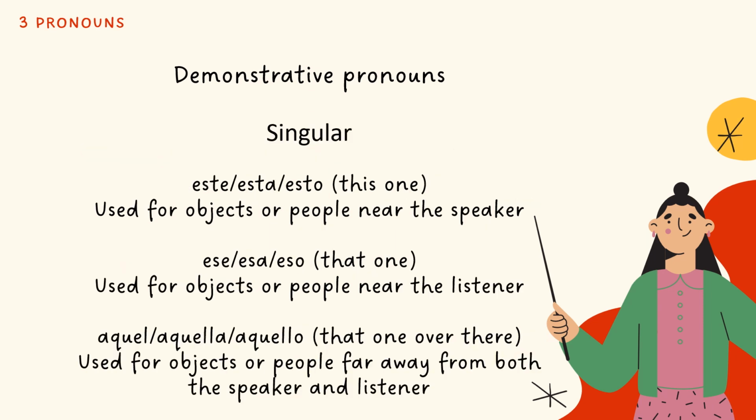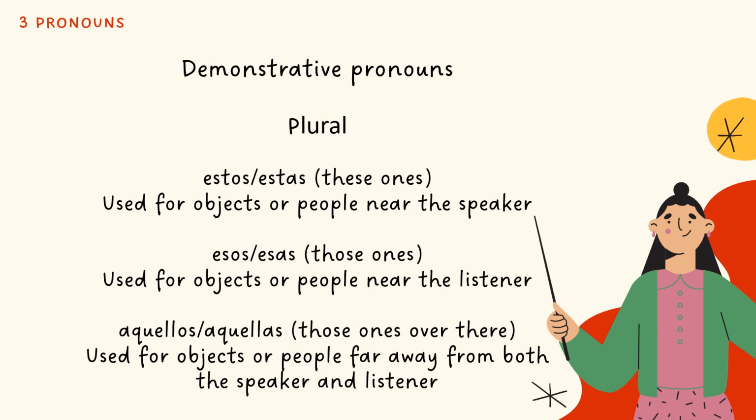Pronombres demostrativos singular. Este, esta, esto, ese, esa, eso, aquel, aquella, aquello. Pronombres demostrativos plural. Estos, estas, esos, esas, aquellos, aquellas.